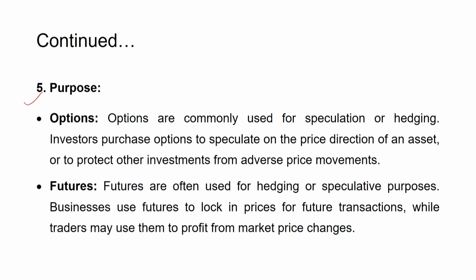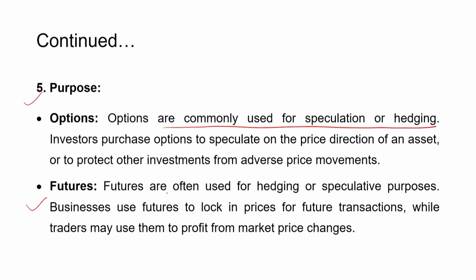Now, the next one is on the basis of purpose. If on the basis of purpose we categorize both the types of contract, options are used for speculation or hedging, that is the minimization of risk that may be there due to the fluctuation of the prices of the underlying asset under the contract. Whereas futures are used for hedging or speculative purposes both.